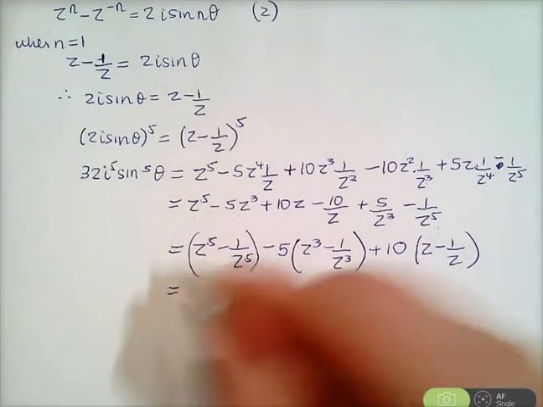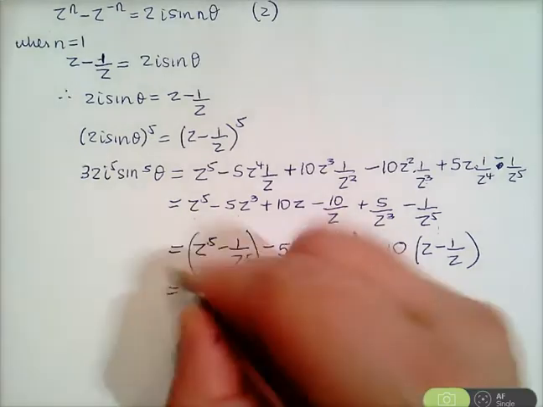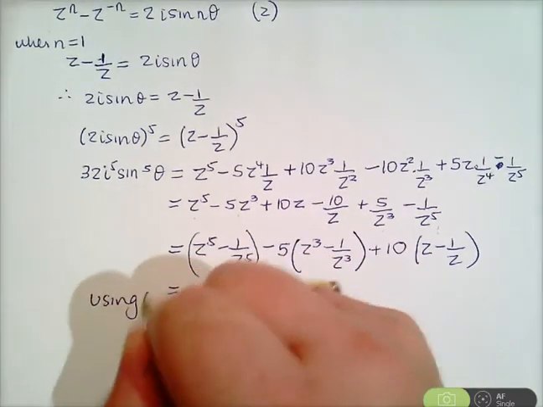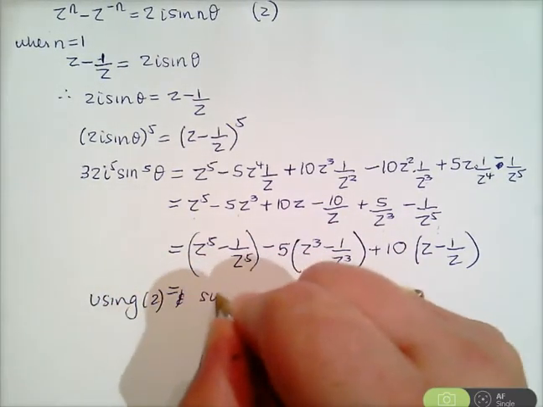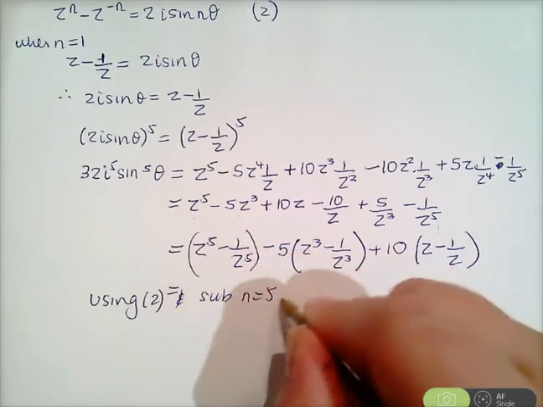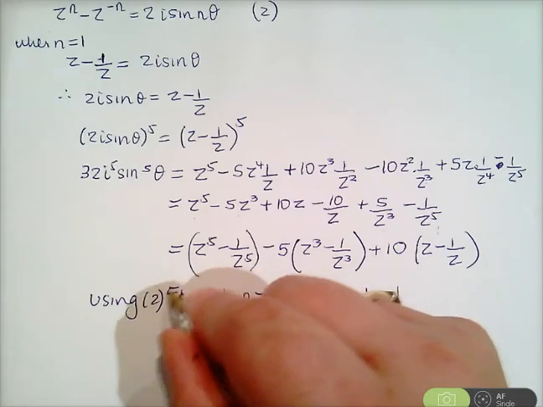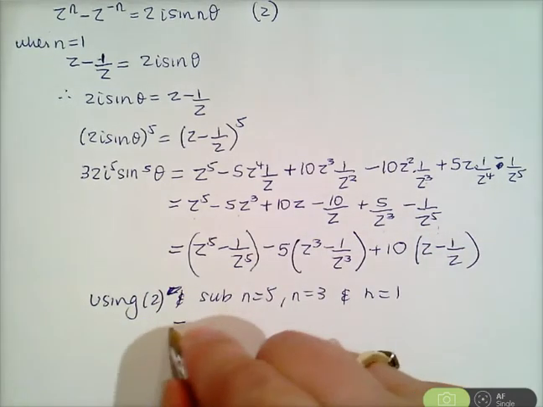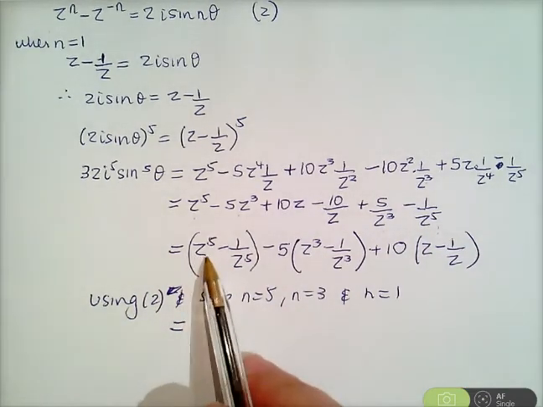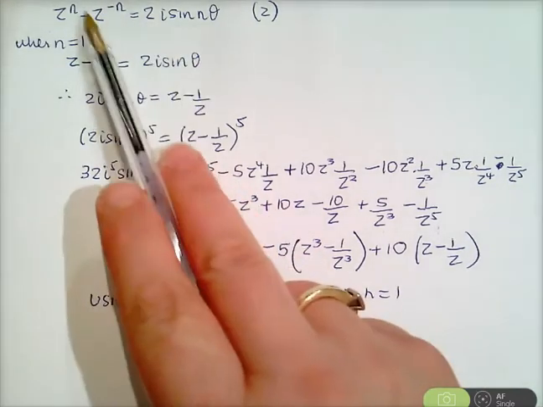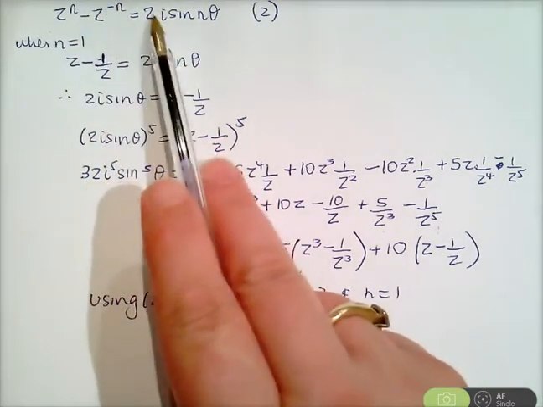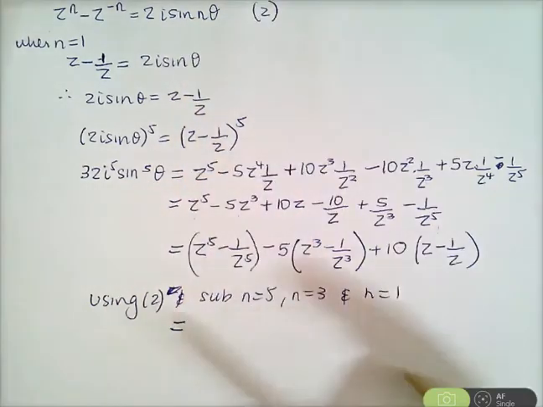Now, using part 2 and substituting n is 5 for the first one, n is 3, and n is 1, we will get that that is equal to, now z to the power of 5 minus 1 over z to the 5 is 2i sine 5 theta.